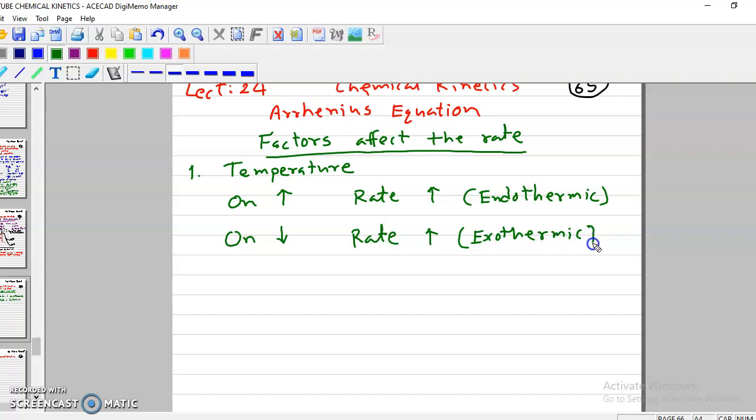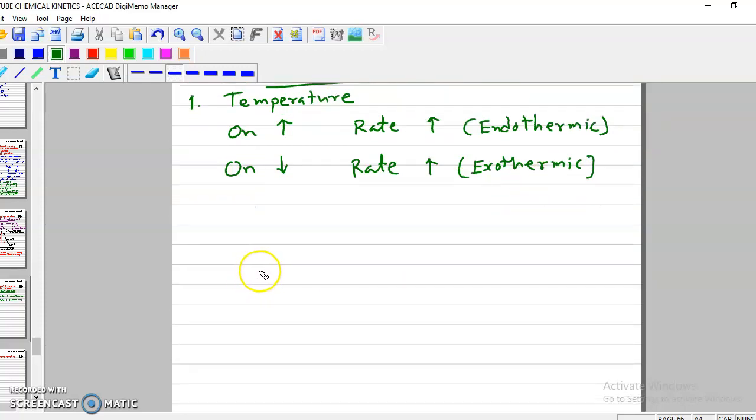But for any chemical reaction, first of all, energy is required, and that is why there is an exponential effect of temperature on rate of reaction, and that is given by Arrhenius. So the Arrhenius equation is the relation between rate constant, energy of activation and temperature. K is proportional to e raised to minus Ea upon RT, where R is a constant. To put an equal sign, we need one more constant.